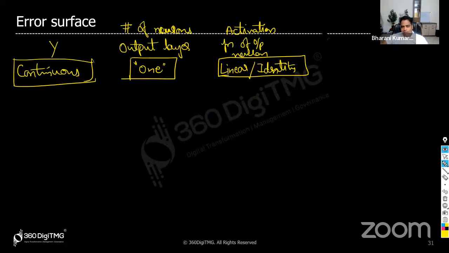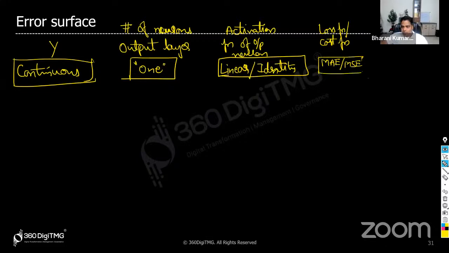Okay. Then, what is the loss function or cost function that we use? What is the loss function or cost function we use when the output variable is continuous? Wow, good, absolutely. So you are very active. Good. Mean absolute error or mean squared error?